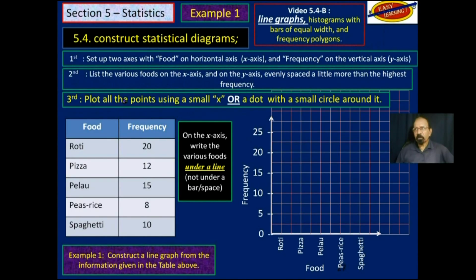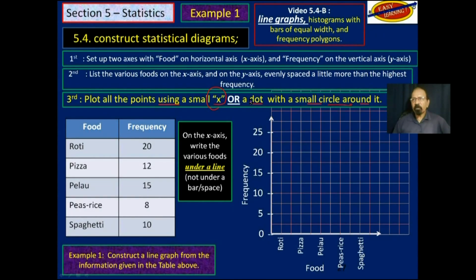After you do that, you will plot all the points using a small x or a dot with a small circle around it. Those are the only two marks that CSEC allows for plotting these points. So it's easier for me to use the computer to plot these x. So the first one, roti, is 20.